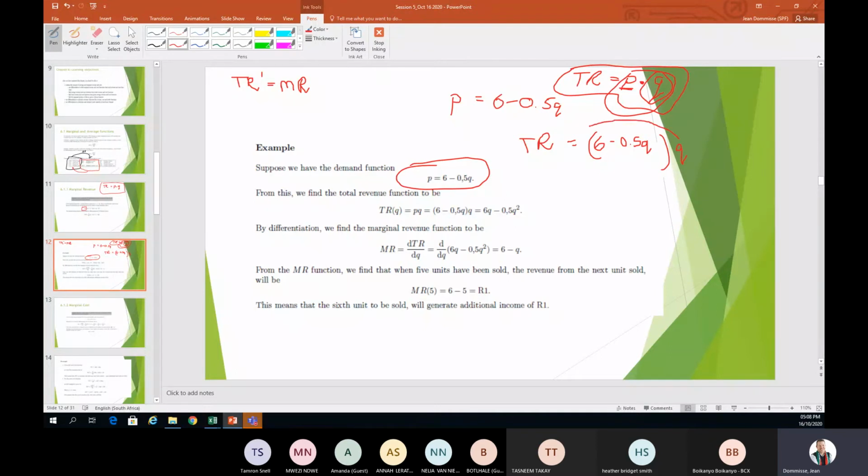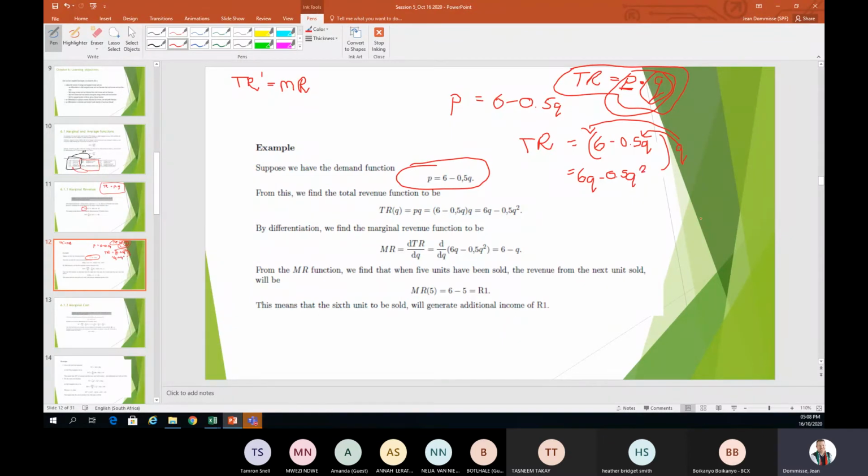So when I multiply that in, 6 times Q will be 6Q, and that times that will be minus 0.5 Q to the power of 2.